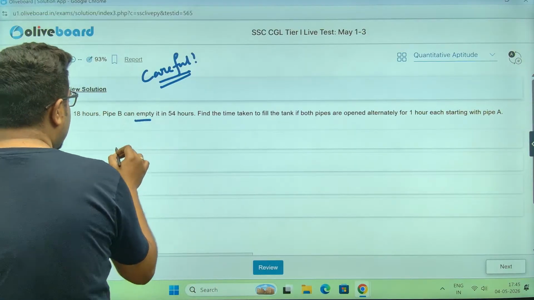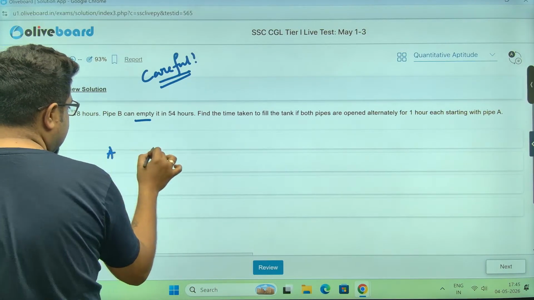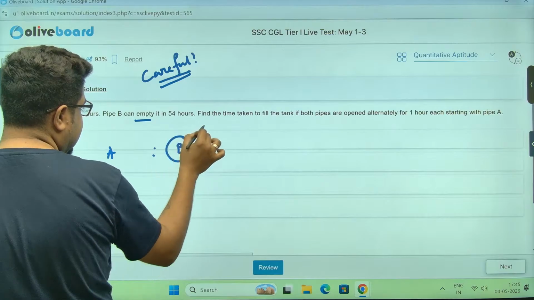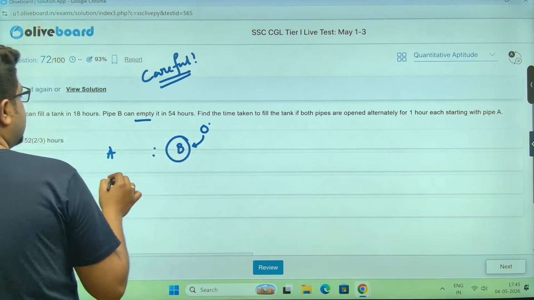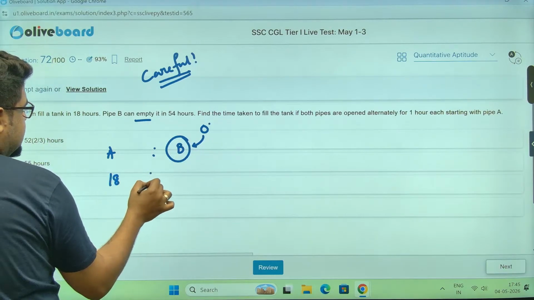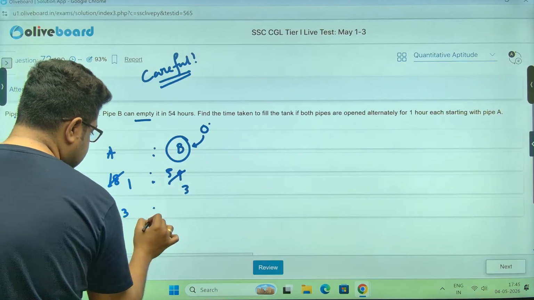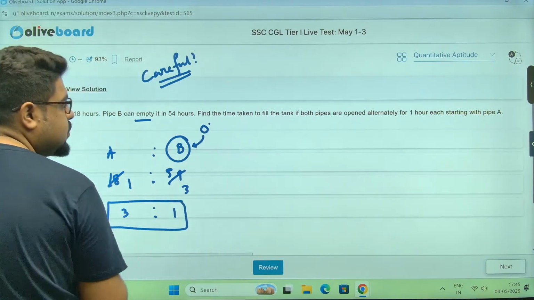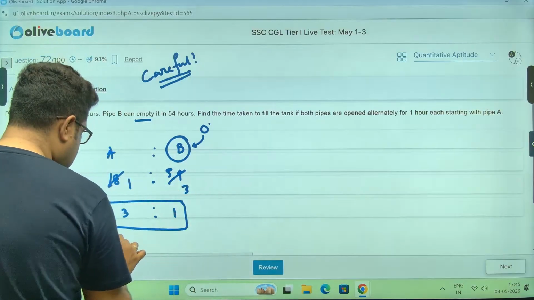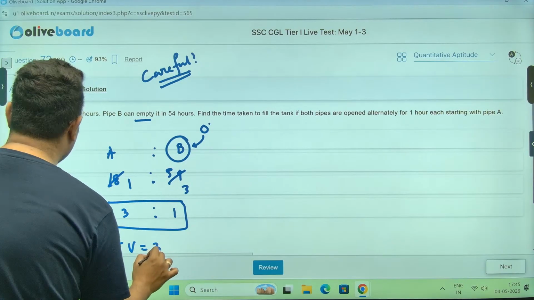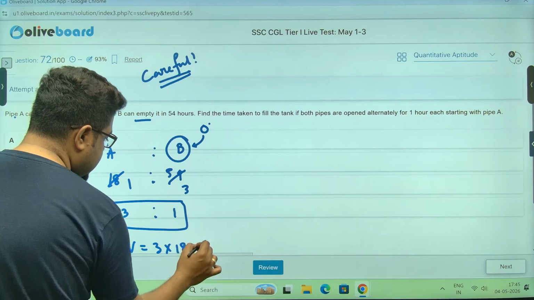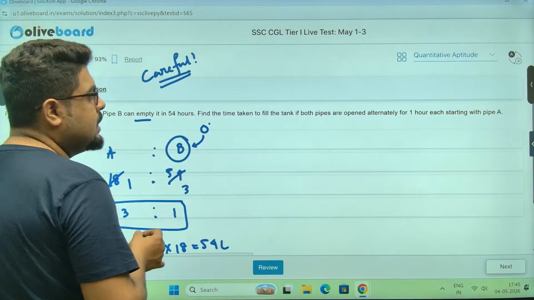Over here, pipe A and pipe B, this being an outlet. The time ratio is 18 is to 54, meaning 1 is to 3. So this will be 3 is to 1, the efficiency ratio. And the total volume of the tank will be 3 into 18, which is 54 liters.